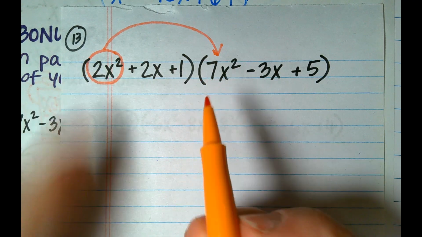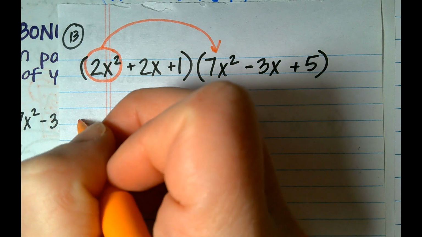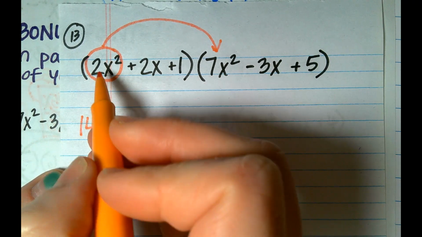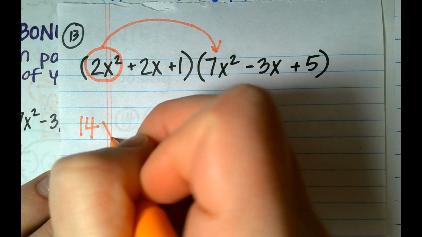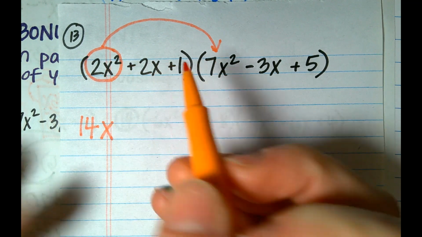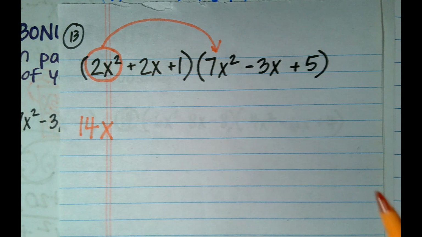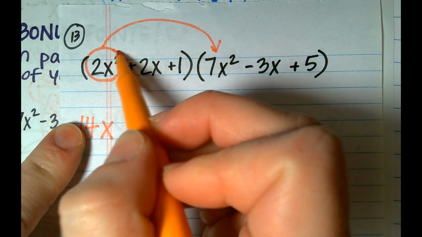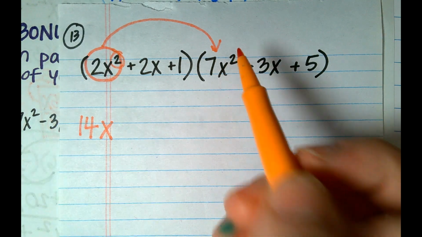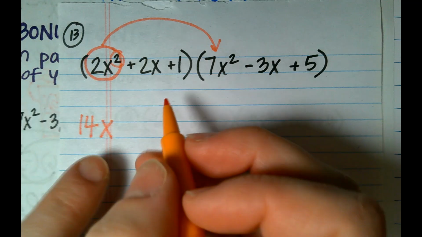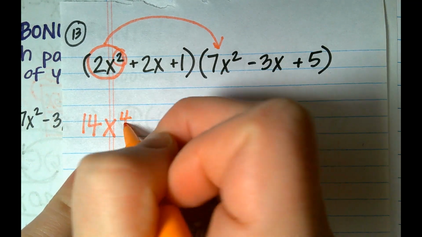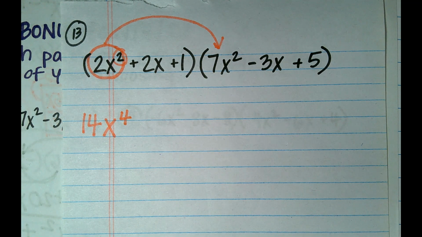What is 2 times 7? Good, 14. X to the 4th power. How'd you get x to the 4th power? How do we know that? Yes, we have a 2 here and a 2 here. Whenever you multiply exponents, you're just adding. So 2 and 2 make 4. 14x to the 4th power.